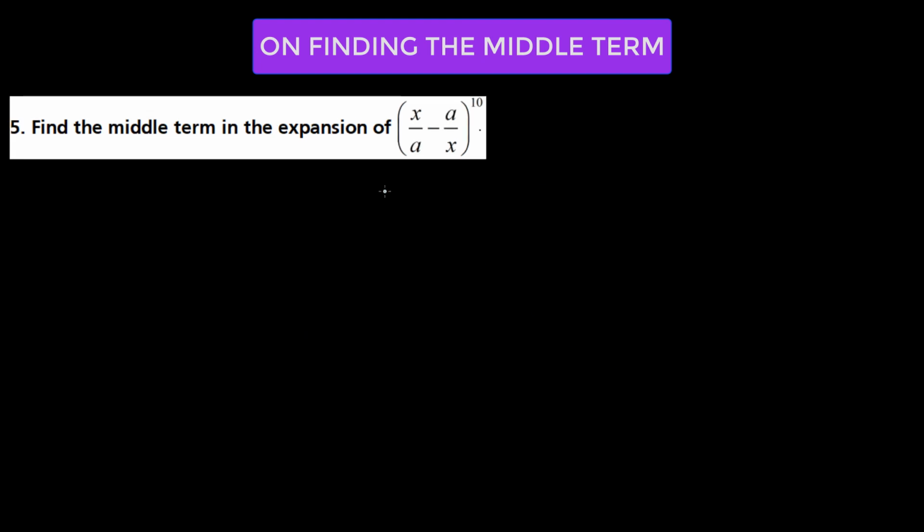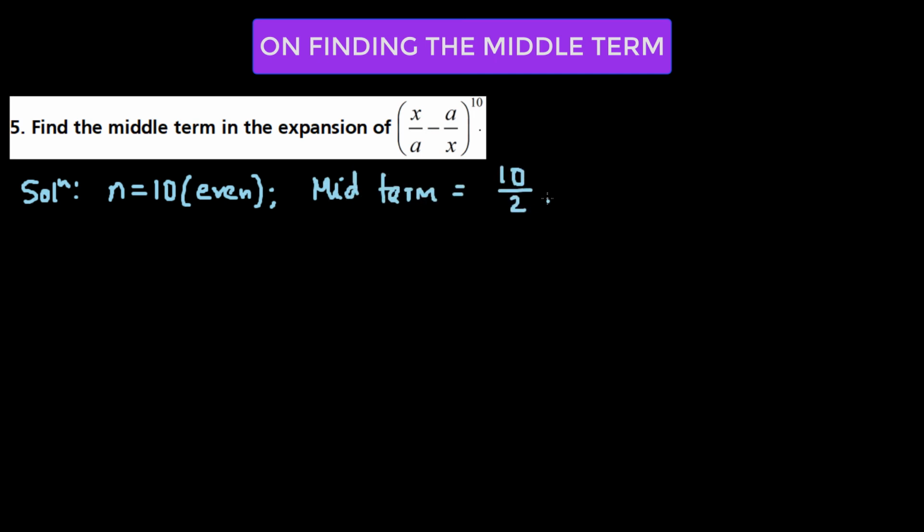So here we have to find out the middle term for the given binomial expression. So we have n equal to 10, which is even, so that would mean the middle term would be equal to 10 over 2, which is 5. 5 plus 1 gives us 6. Thus the sixth term will be the middle term.